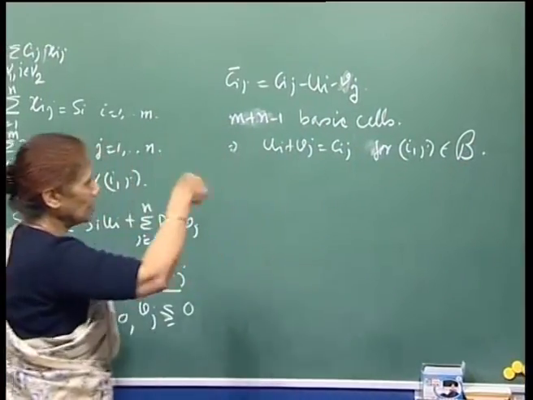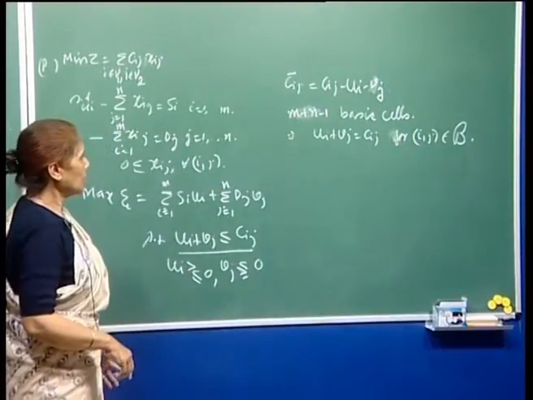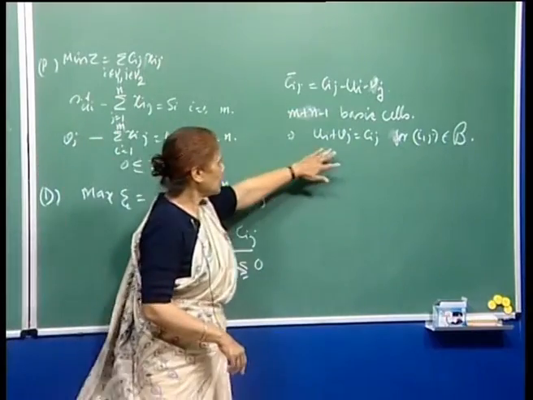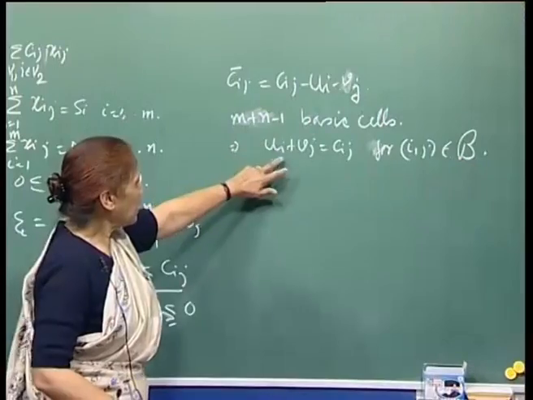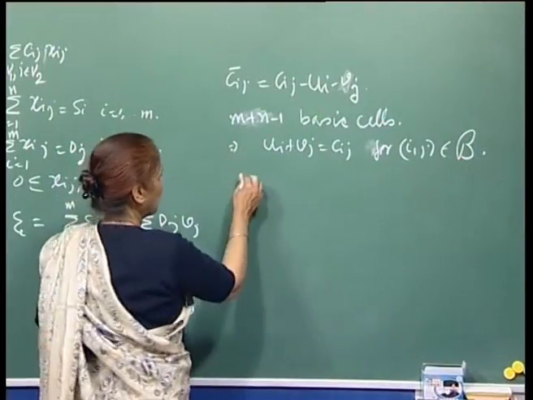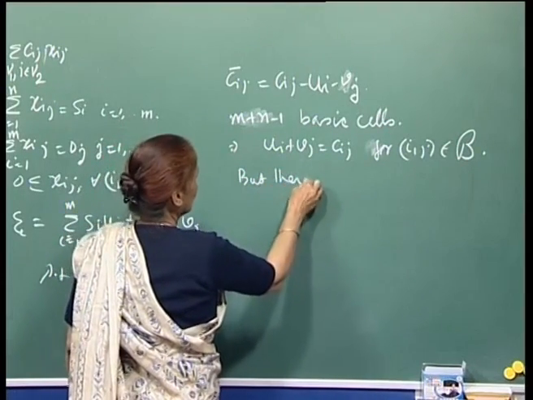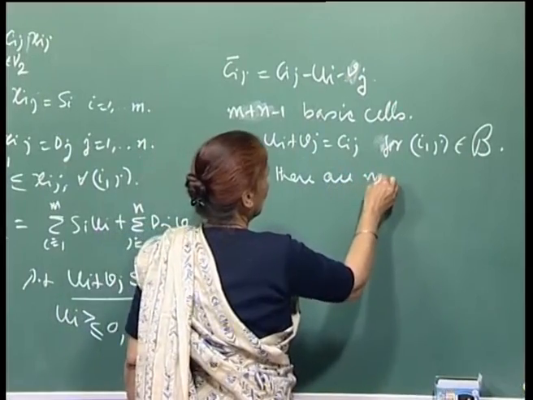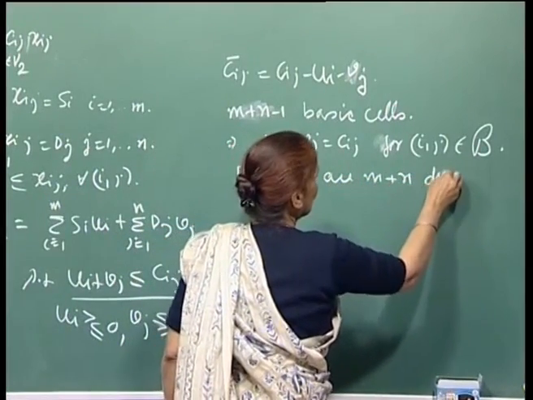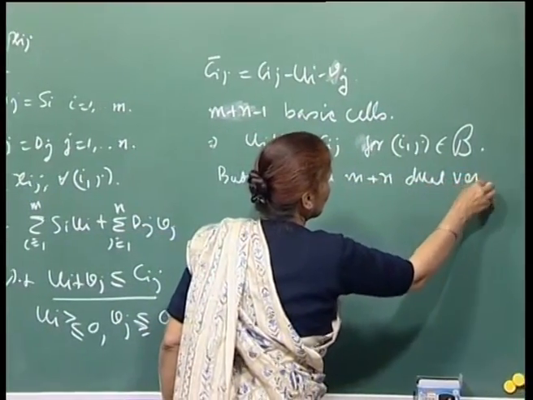I will refer to the script B as the set of basic cells, right. But there are m plus n dual variables, right.